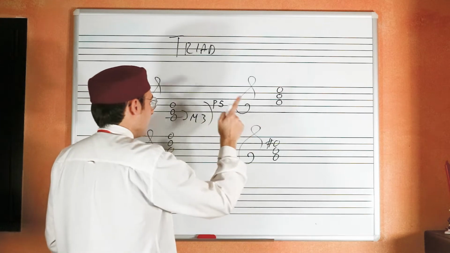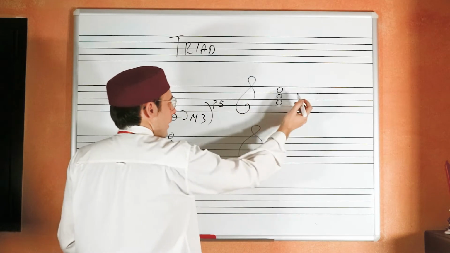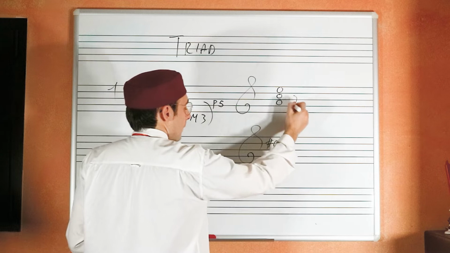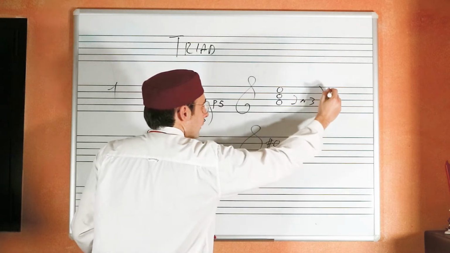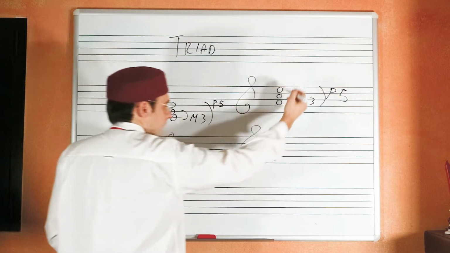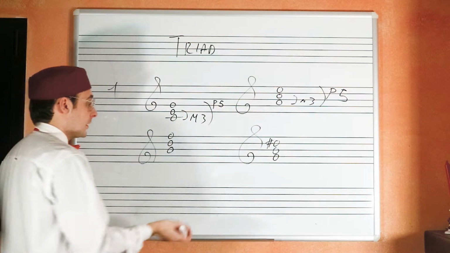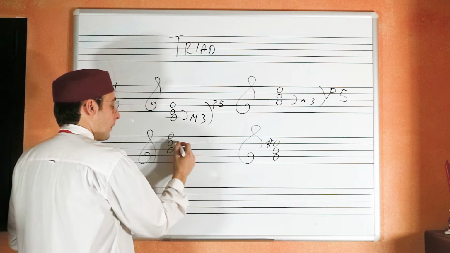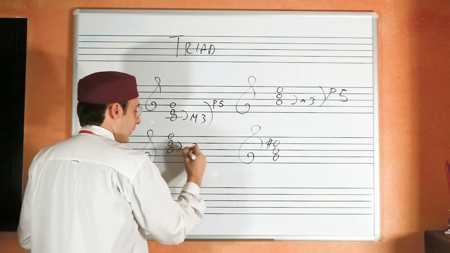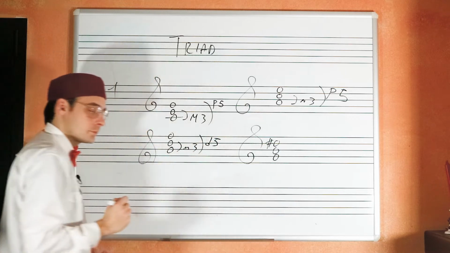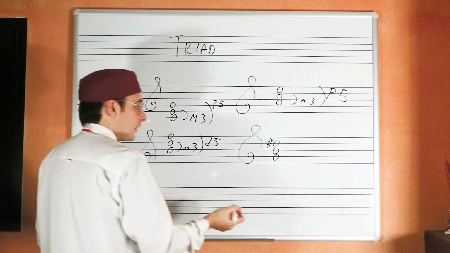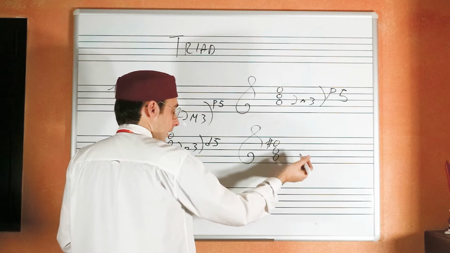The second is the minor triad. It is composed of a minor third and a perfect fifth. The third is the diminished triad. It is composed of a minor third and a diminished fifth. And the fourth is the augmented triad.